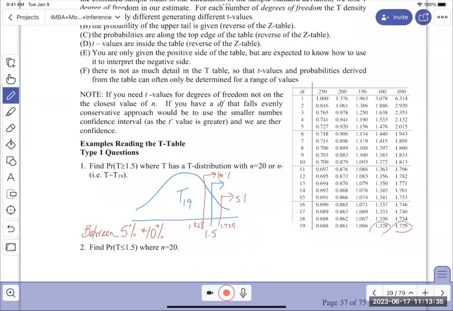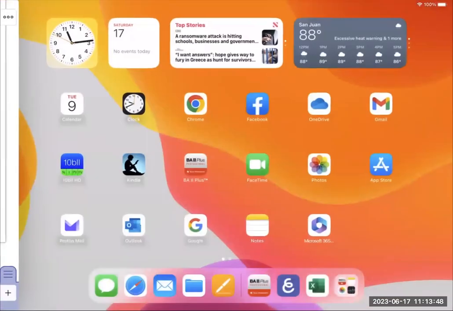So let's go into Excel and see if we can find the value. Let's do this with split screen.